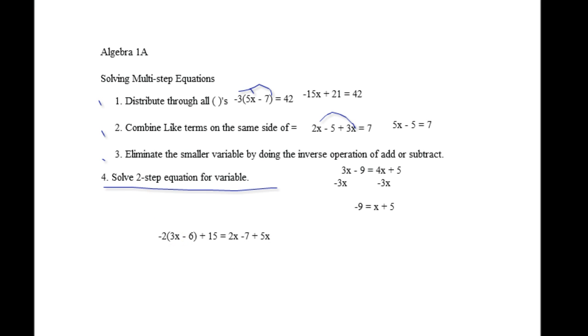Something that looks like this. So first off, let's distribute. I distribute the negative 2 into each part. And so I'd rewrite the whole thing as negative 6x plus 12 plus 15 equals 2x minus 7 plus 5x.